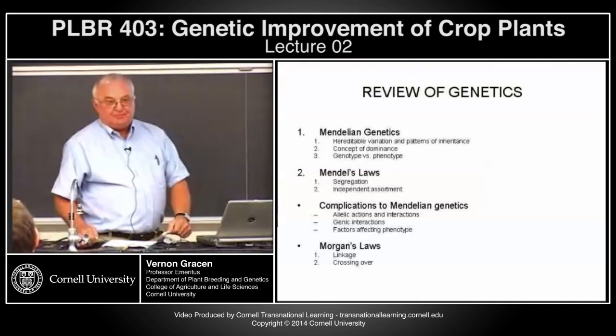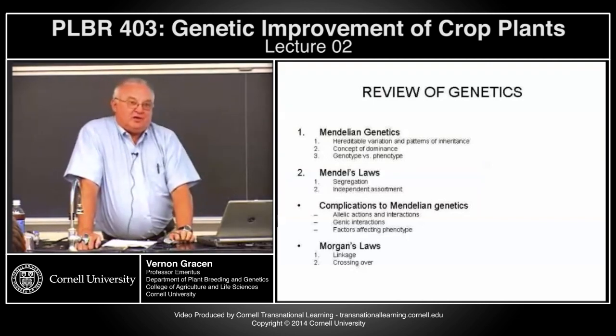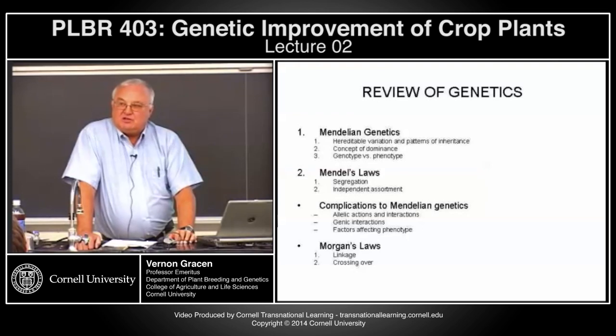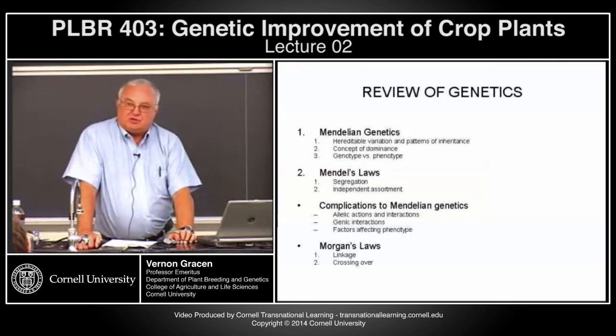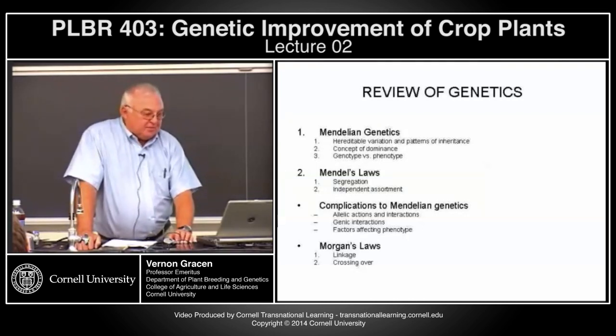Morgan was a Drosophila geneticist who pulled all of Mendel's work and work that had gone before into a theory that all of these genes we're dealing with are located on chromosomes, and came up with the concept of genes on chromosomes and linkage.